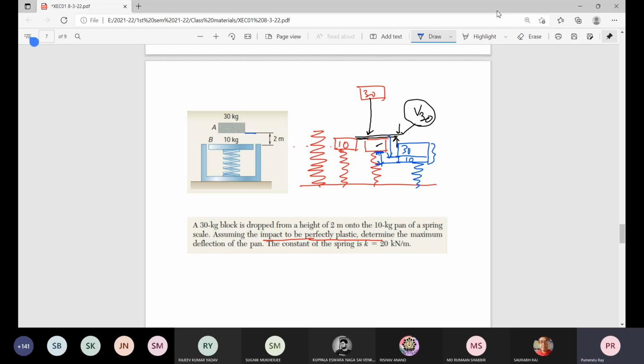Final velocity is zero. The combination of these two masses, that ultimate final velocity is 0.